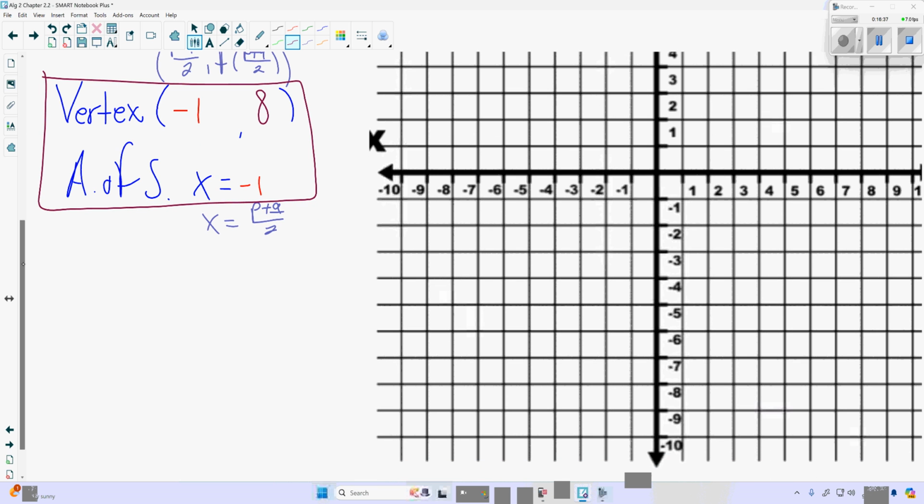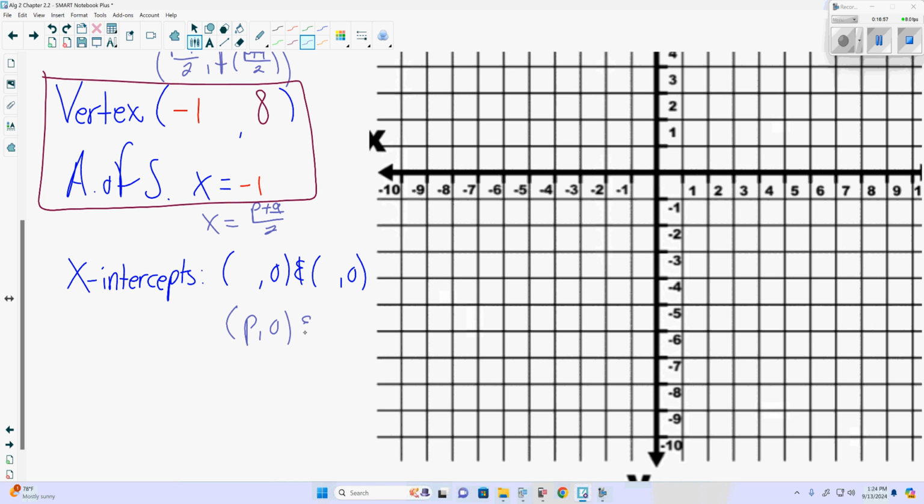Now the only thing that we're missing is the x-intercepts. The general form for x-intercepts is p comma 0 and q comma 0.